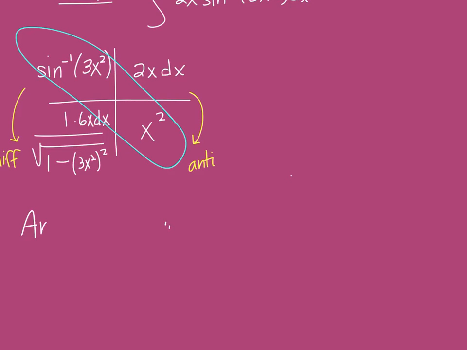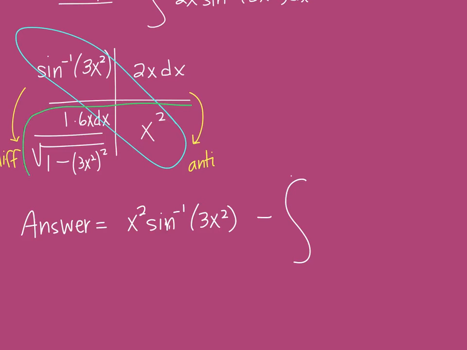So our answer starts with x squared inverse sine of 3x squared. That one's done. Minus the combined integral of the whole next piece. So now I need to combine these two parts together. So when I do that, what will be in my numerator?